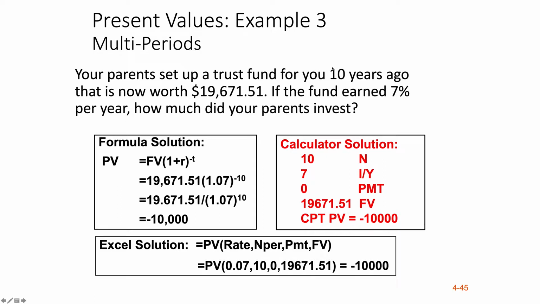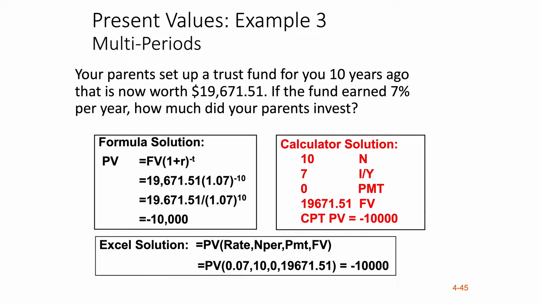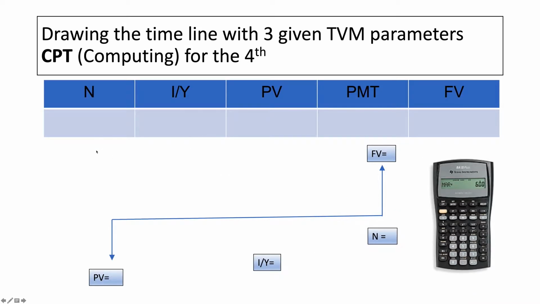The 19,671.51, we say now, but it's a future value, right? Future value is always the later one, present value the previous one, so let's not confuse that. The interest rate is 7%. Given those 3, you're solving for present value, which is $10,000.